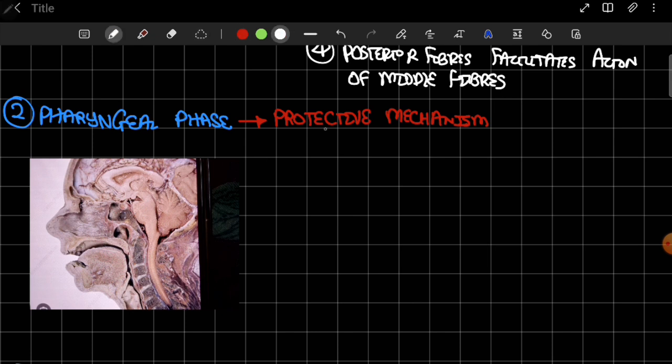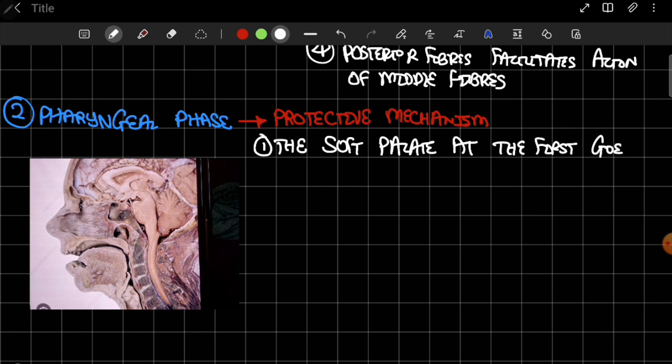So the protective mechanism number 1: what is this structure? This is the hard palate. So what should this be? It is the soft palate. This structure, this is the soft palate. So the soft palate at the first goes backwards and upwards.